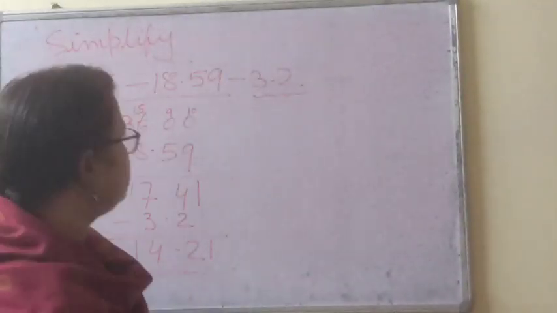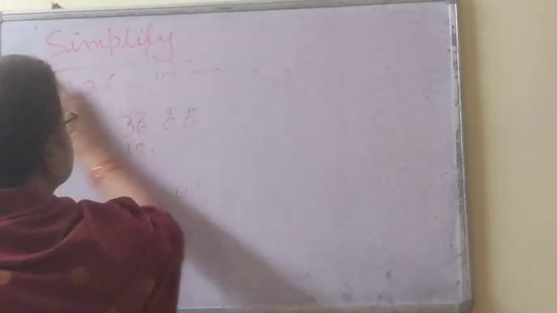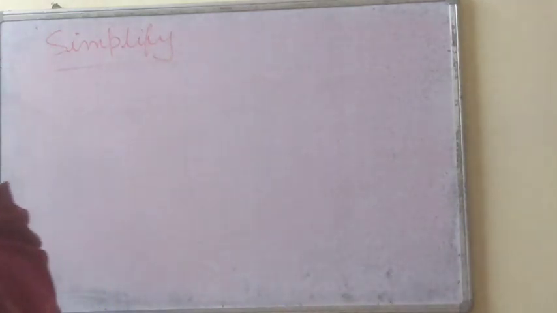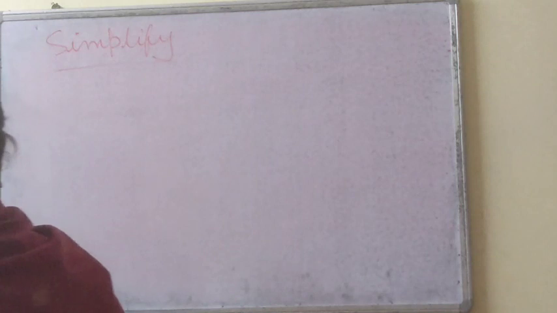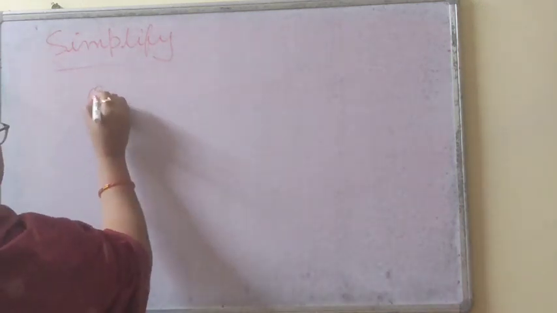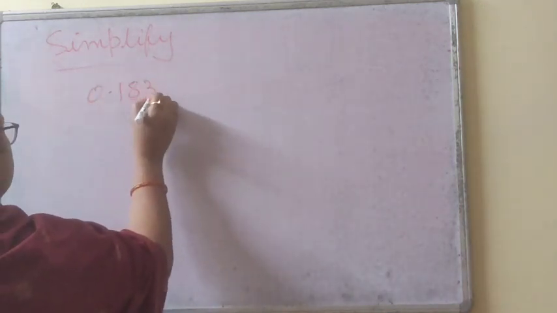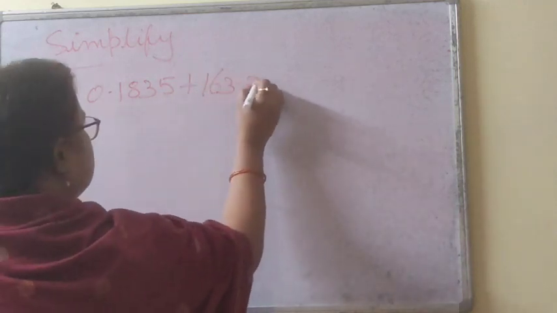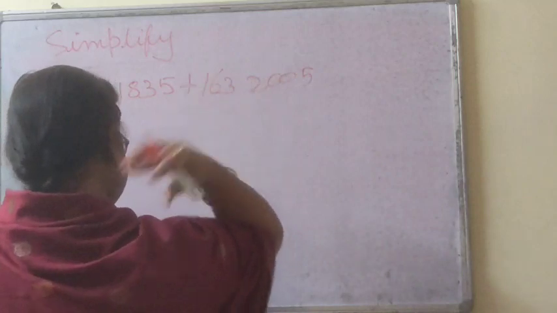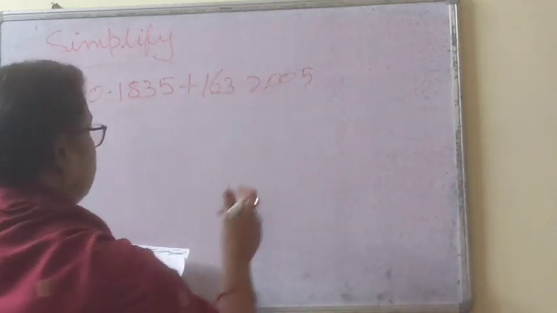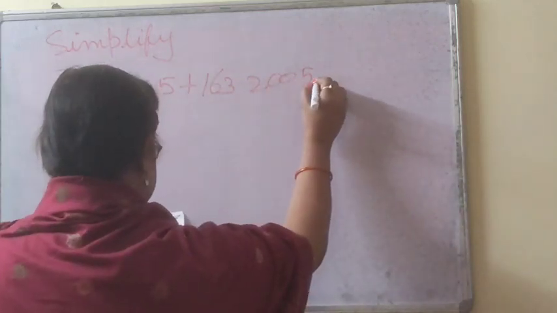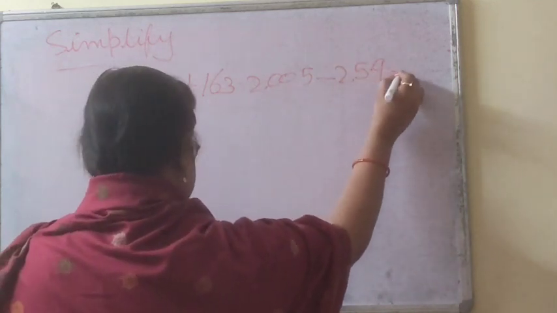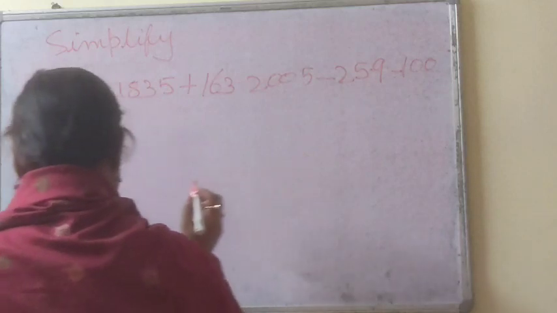Now next, let's solve. Like 0.1835 plus 163.2005. Okay, and then minus 25.9 and then minus 100.